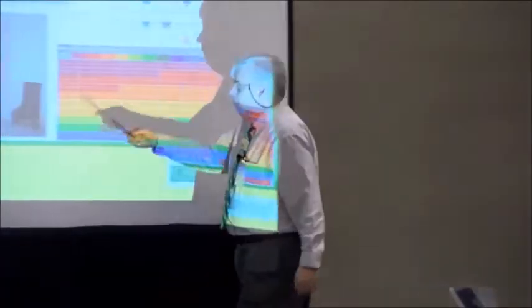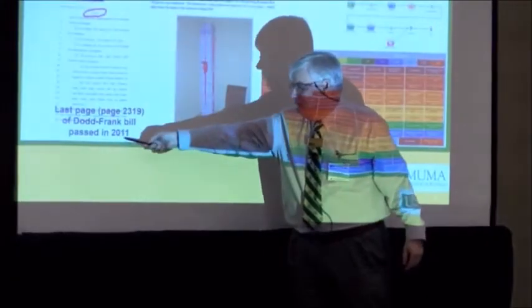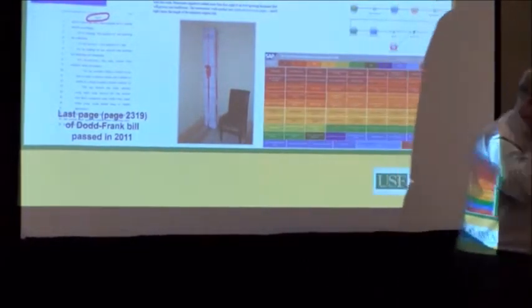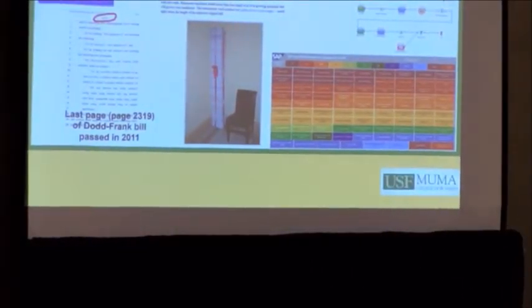Complicated things have large descriptions. Here, for example, is the final page of the Dodd-Frank bill, which was passed in 2011. It's page 2319. Dodd-Frank does not have a single regulation in it. It is a description of the regulations that need to be created.